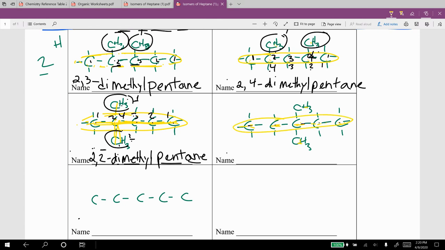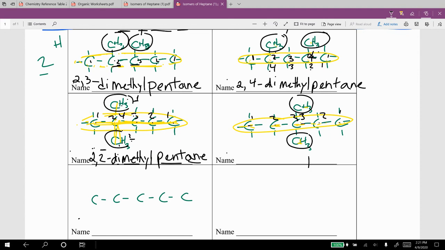Circle my carbon chain. Anything outside of my chain is a branch. Are these branches connected? No, they're on opposite sides of the street. So each are going to have to get their own house number. Is it going to be house number 1, 2, 3, or house number 1, 2, 3? Doesn't matter. Either way I count, it's going to be 3.